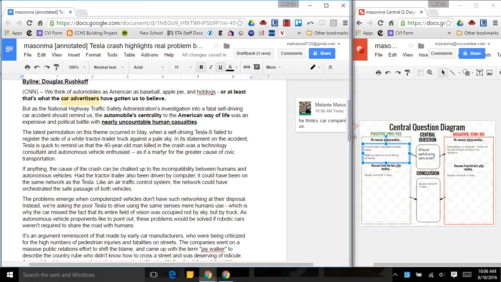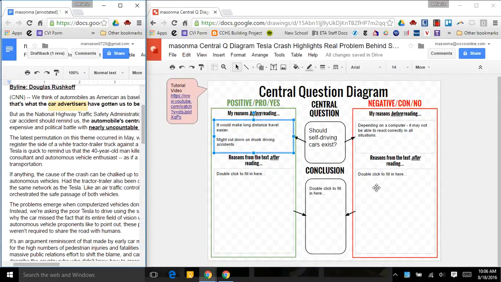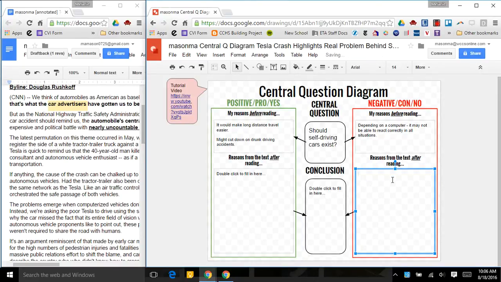So I think I'm going to summarize that and put that in my central question diagram. Like I said, I think he's falling on the negative side. And to summarize what he said, I'm going to say the author feels that the rise of the car or automobile over the years, or I could say throughout history, has caused a large number of deaths.